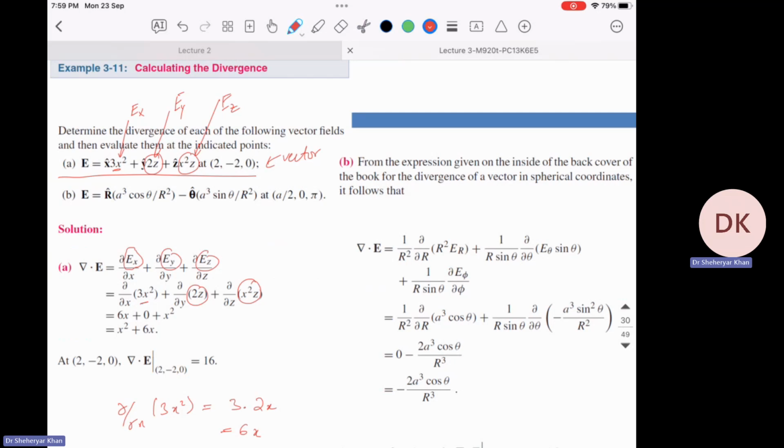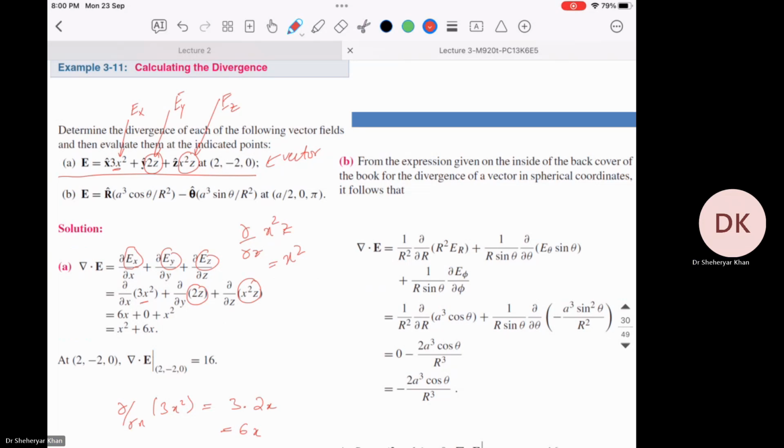There should be a mistake here. Probably there's no z here. Okay, let me make a correction. Or no, sorry, it's correct, it's z. The derivative of x square z with respect to z is x square, because z is the variable. Yes, it's correct.